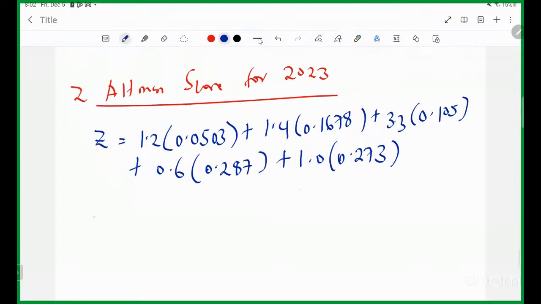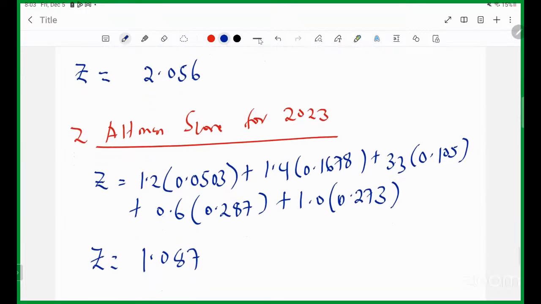Now, what is our Z? 0.287. Come again. 1.086. 1.087 from 2.